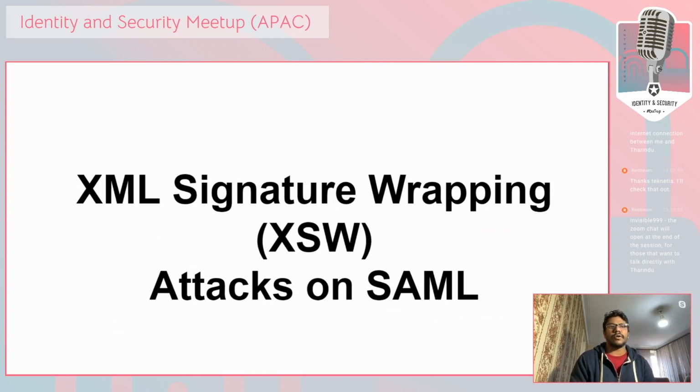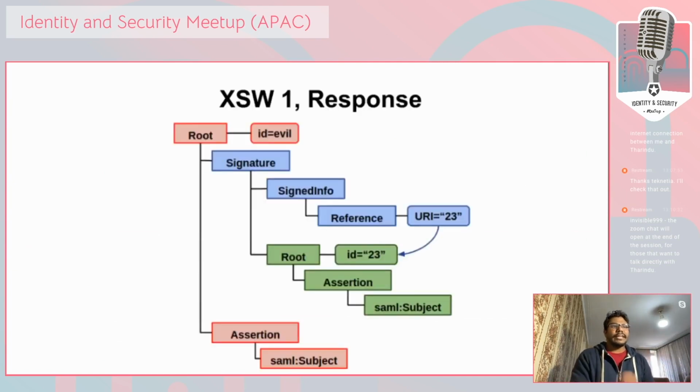Now let's take a look at what these signature wrapping attacks on XML are. Basically, this is common for any XML-based protocol, but now we are using it on top of SAML because SAML is based on XML. You are now familiar with the SAML response message. It has the root element Response, and inside that it has the Assertion, right? In this diagram, what you're seeing in green is the original root element of the message.